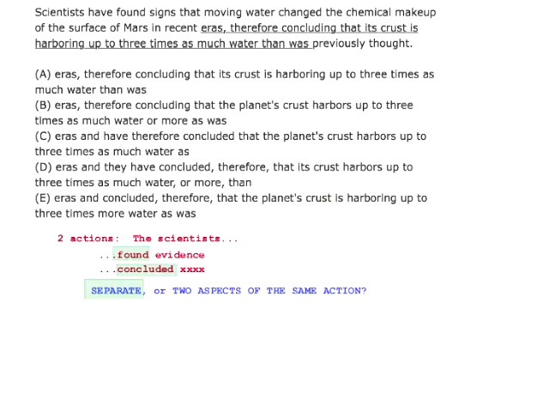You could have a sentence along similar lines in which we really did have two aspects of the same action, and I could make up one of those. Like if I say, scientists have found signs that moving water existed on Mars in the planet's recent history, comma, disproving the idea that Mars has always been dry.